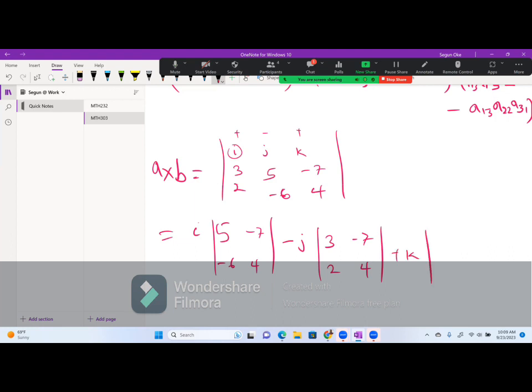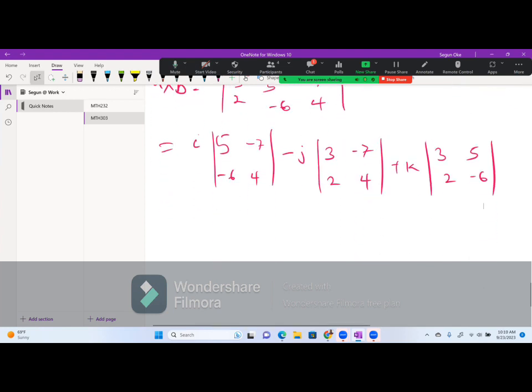Plus k. This will go with this. I have 3, 5, 2, minus 6. Then we can go ahead and open the brackets. Remember, you cross multiply, right? Minus this. It's still the same thing. I will be what? 5 multiplied by 4 minus 7 multiplied by minus 6, right?